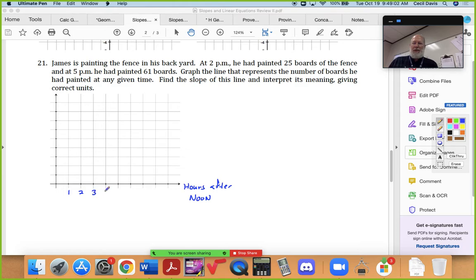Be sure that whatever you're spacing them by is constant. Some of you spaced some things one way and then the next one was, the first one was 50 and the next one was 200. And I'm like, no, you can't do that. They've got to all be spaced the same way. And then over here I went by 5s.